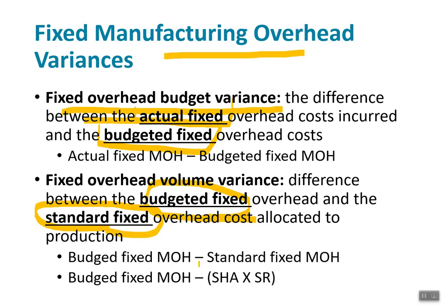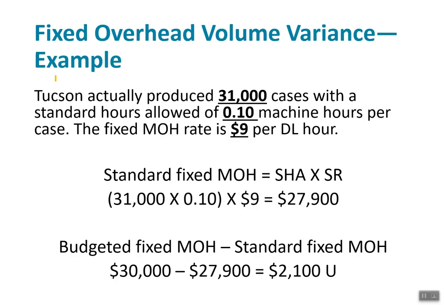All right, we're back at this slide, and it reminds you that we're going to look at two different types of fixed overhead variances: the overhead budgeted variance and the volume variance. Looking at an example, we're going to do the volume variance.